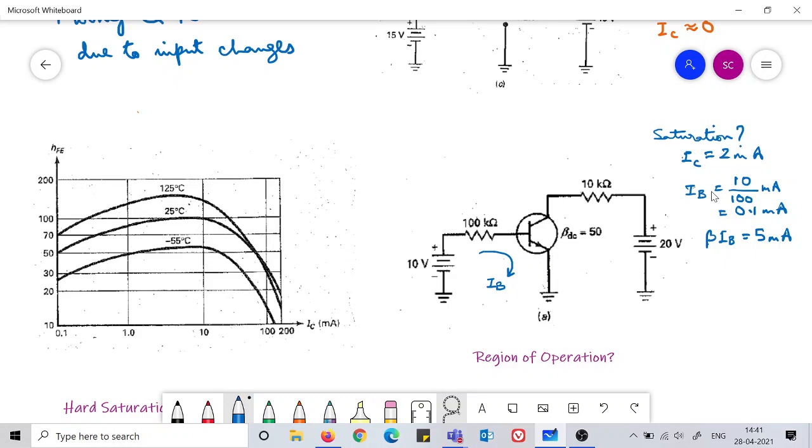If this IC were found to be greater than this current, then it was not working in the saturation region, it would work in the active region only, and there would be an appreciable drop here because of this current. So this is how to understand whether it is working in saturation or in the active region. Okay, this is the thing.